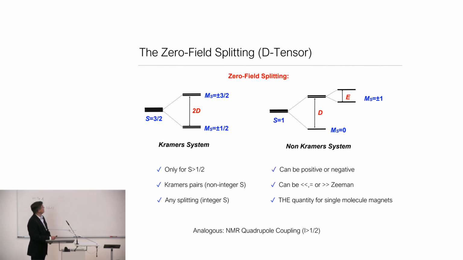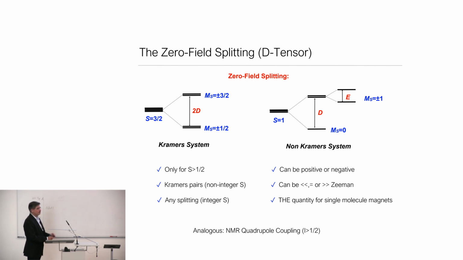So next is the zero field splitting, and the zero field splitting tensor D, what it does is split the magnetic sublevels even in the absence of a magnetic field. Now here is the point where it's very important to differentiate between Kramers and non-Kramers systems.